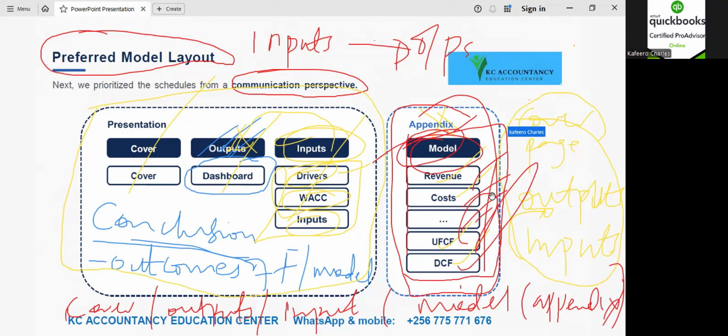This is where they spend most of their time doing the computations, because you have to make sure that all the computations are perfect.